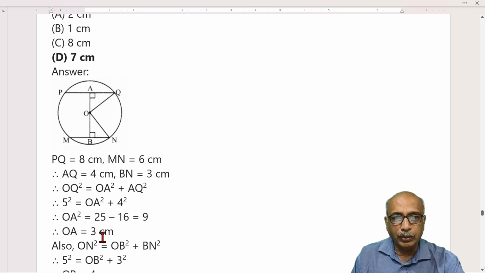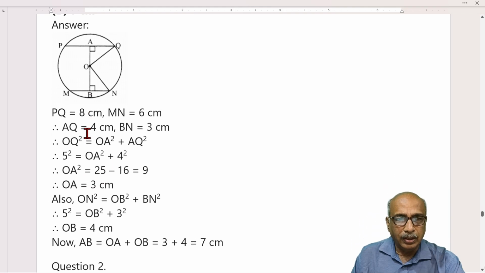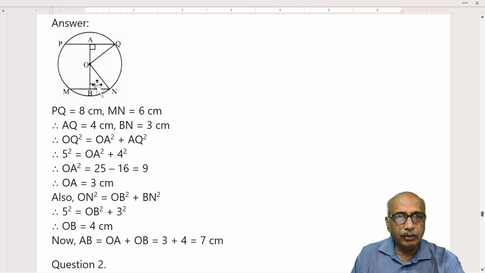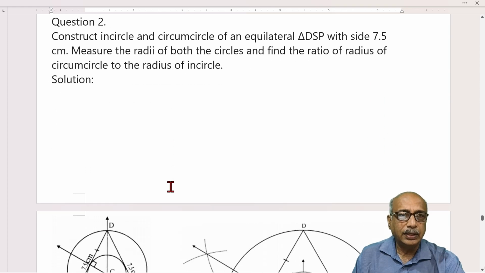OA is coming to 3 centimeter. When you apply Pythagoras theorem here, after substituting the value, OB you will get 4 centimeters. So OA equals 3, OB equals 4. So the distance between A and B equals 4 plus 3, 7 centimeter. Very clear?